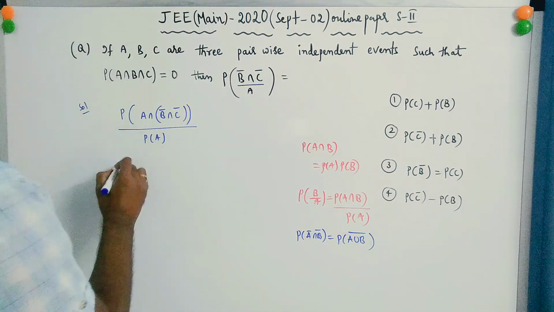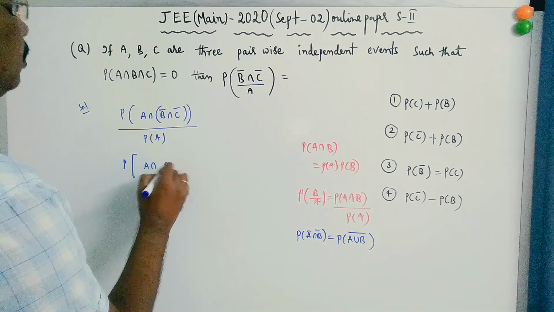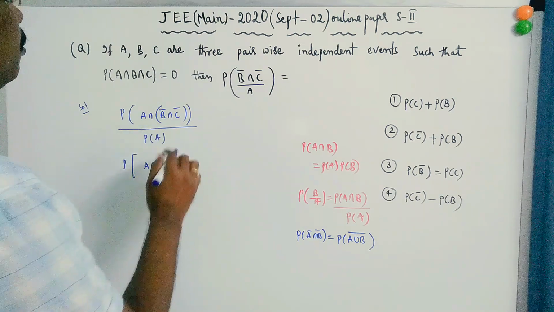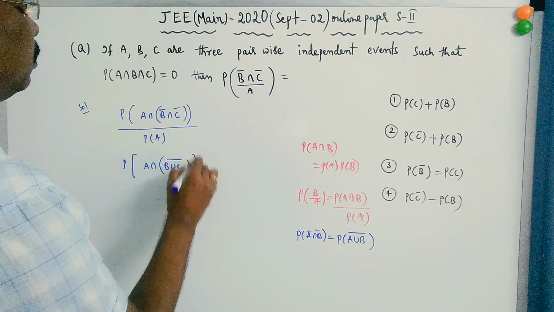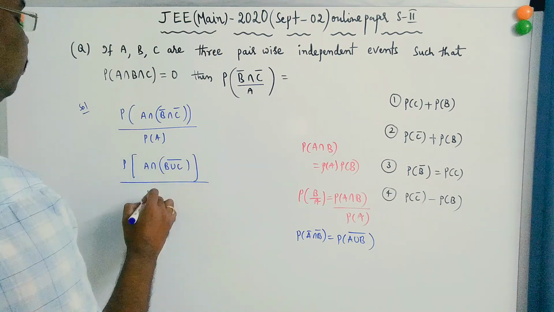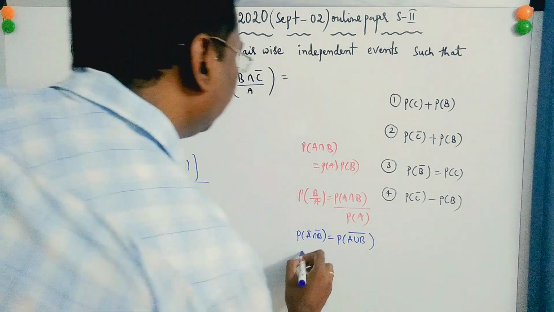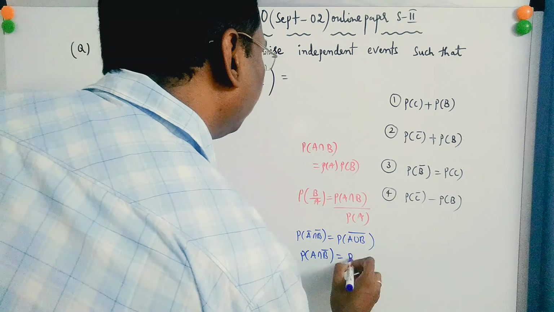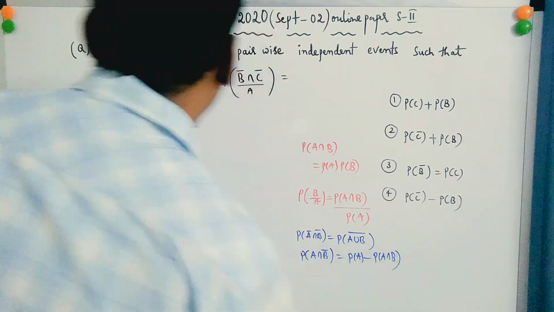Okay, now P(A ∩ (B ∪ C) whole bar) by P(A). Now P(A ∩ B̄) is equal to P(A) minus P(A ∩ B).